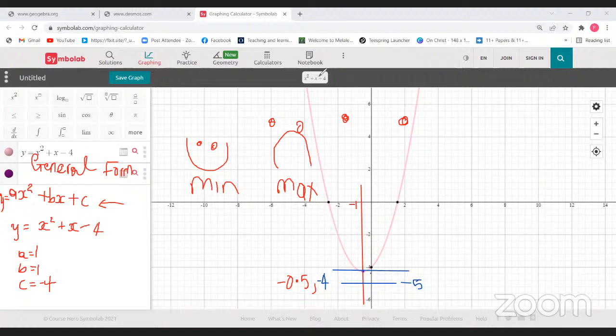So here I would go with about 4.25 or so. Just an estimation.